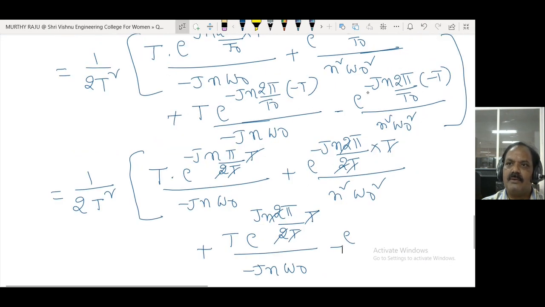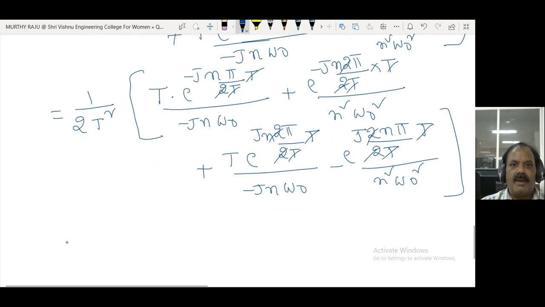Here minus into minus plus e power j 2 n pi by 2T into T cancel, 2 cancel by n square omega naught square.